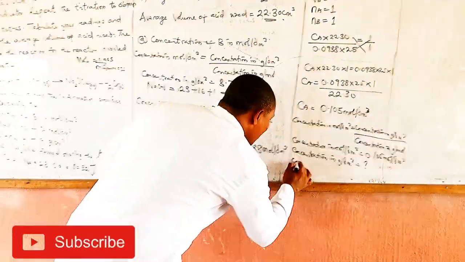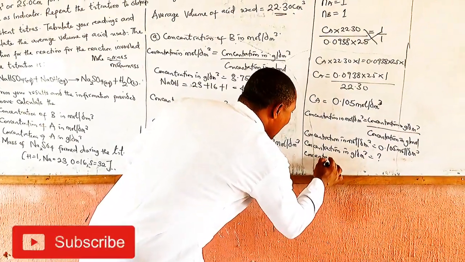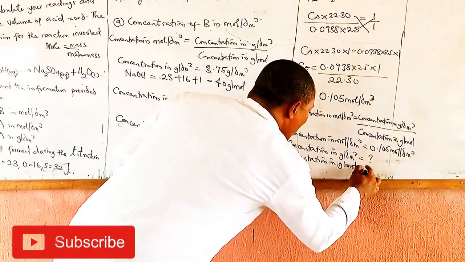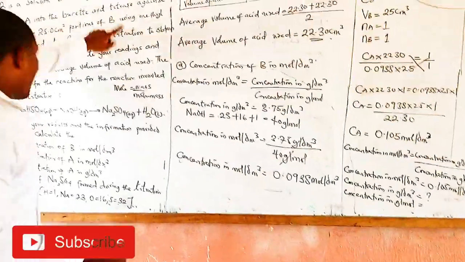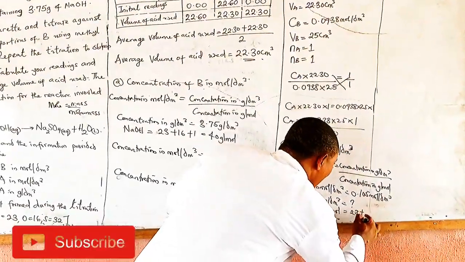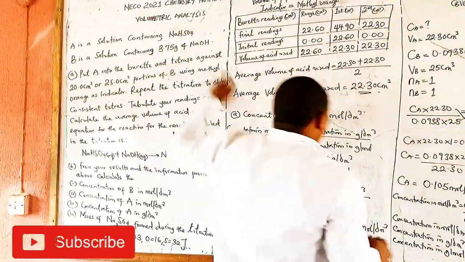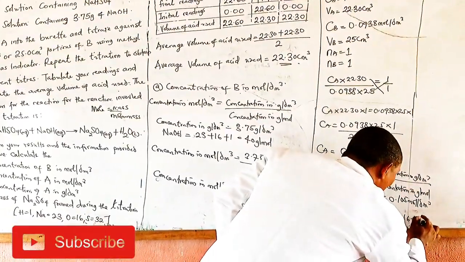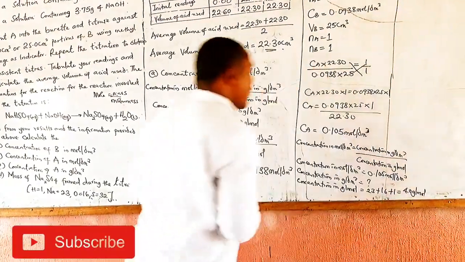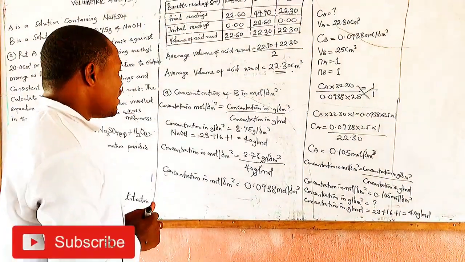Now our concentration in gram per mole, we can calculate that in gram per mole of sodium hydroxide. Can we see they have given us Na to be 23 plus oxygen to be 16 plus 1. So we are going to have 40 gram per mole. Perfect. Please take note of the unit. Very, very important.